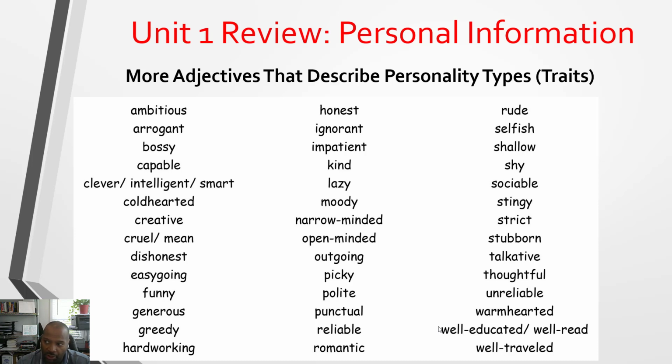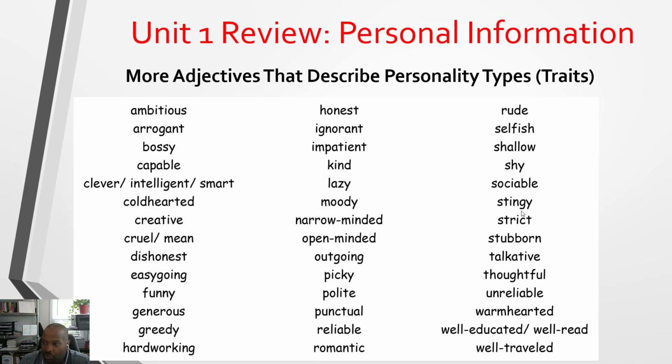So the challenge here is to look up these words in the dictionary and figure out what they mean and how you can use them to describe personality traits for people, and for yourself as well. For instance, stingy, right?